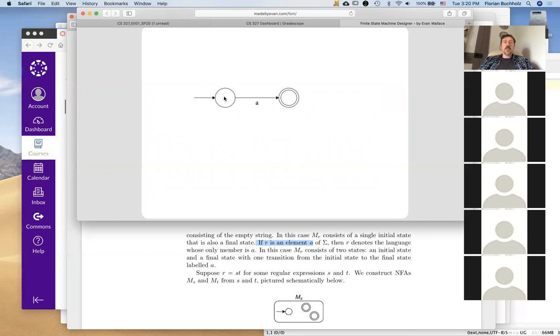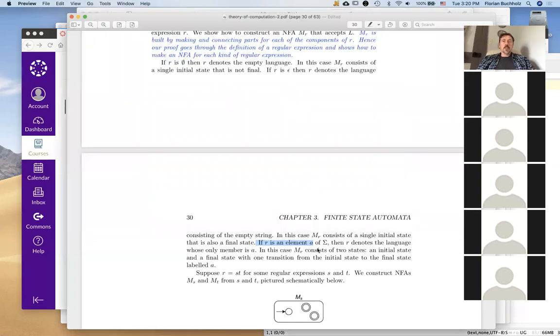So we have an initial state, and only on A we transition to this accepting state. And those were the basic building blocks of regular expressions, right? We had the empty, and then the epsilon, and then A. And then we had operations. So we had concatenation, union, and the Kleene closure.